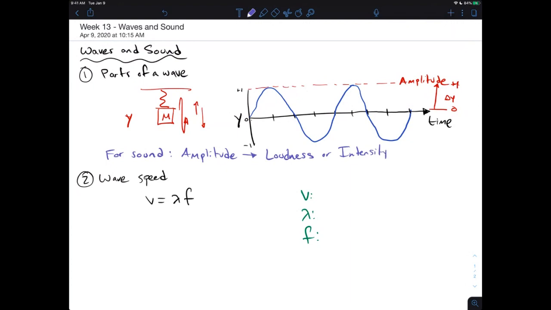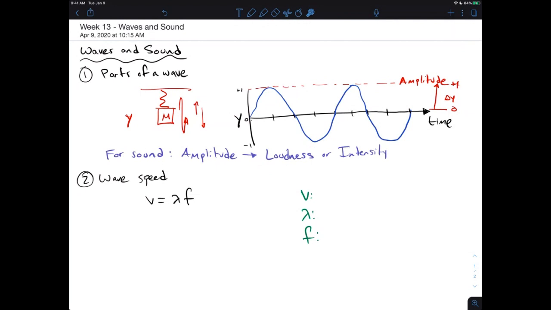Nothing about a sound changes when I change my amplitude except for how loud it is, right? You can have the same exact song playing and it doesn't change anything about the song. If you turn the volume up, it just makes it louder or softer, right?